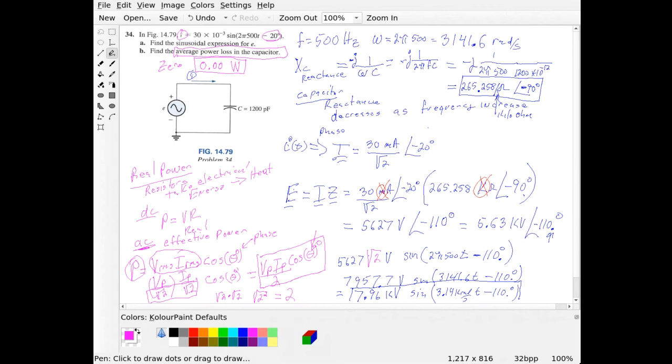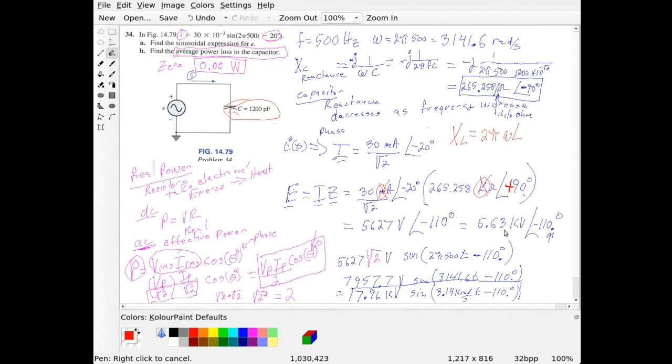All right, so I could do the same kind of simple circuit like this for an inductor. If this circuit had an inductor instead of a capacitor, the only difference is that X of L would be calculated using 2 times pi times frequency times L, instead of this 1 over equation. And it would have a plus 90 degrees here.